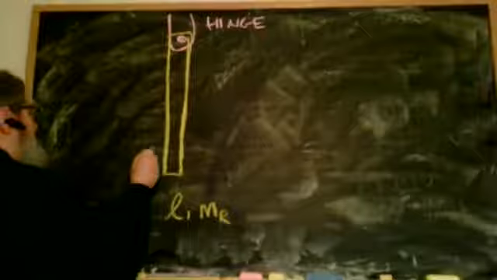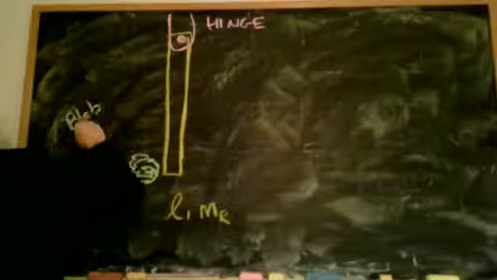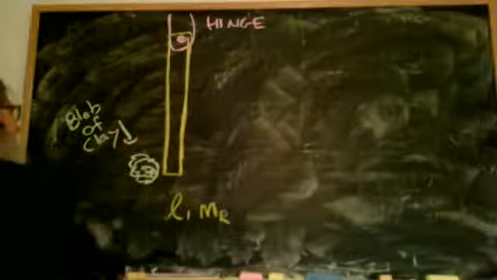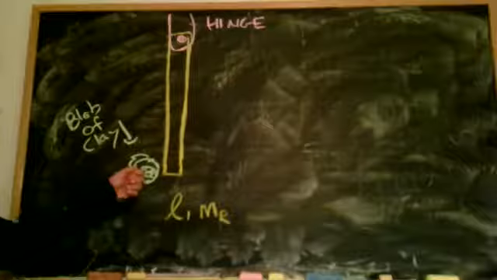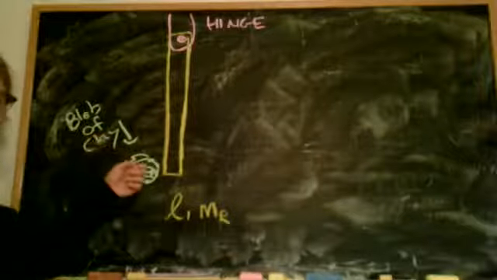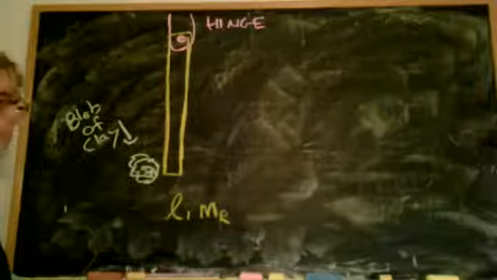But then comes along a blob of clay, a small blob of clay. Why small? Small enough so that I can treat it as a point object. Why clay? Clay because clay is sticky and soft, and if it hits the rigid rod, it will stick.